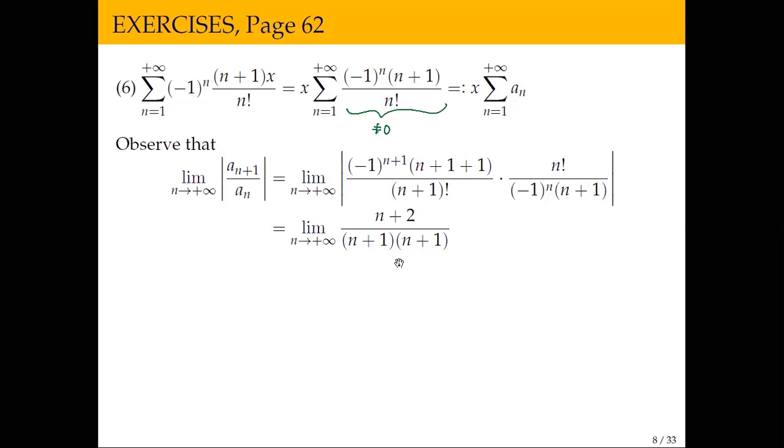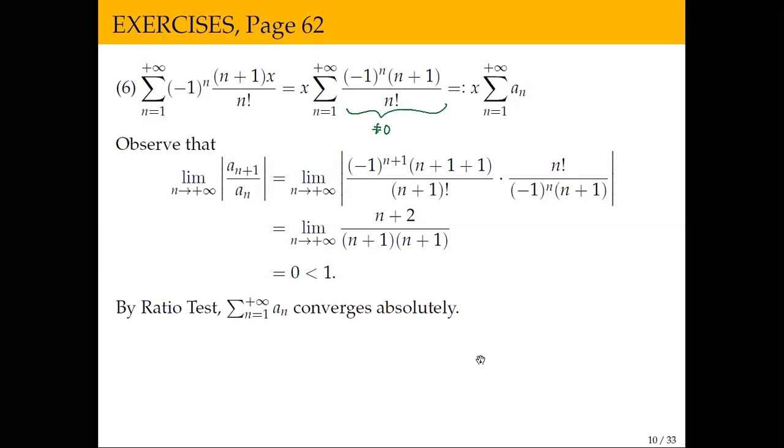As you evaluate this limit, you'll get 0, which we know to be less than 1. Therefore, this infinite series converges absolutely by ratio test. Since we know that this infinite series converges, as you multiply any real number x to that infinite series, the resulting infinite series will also converge.